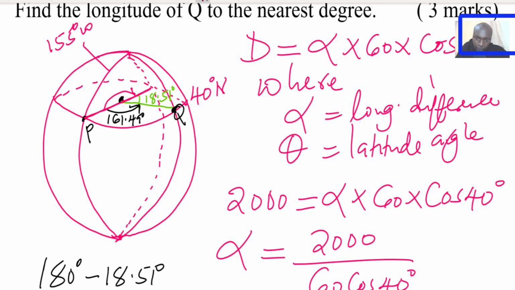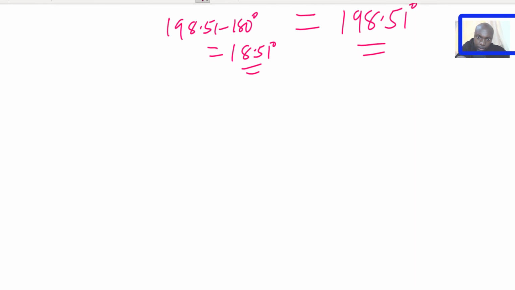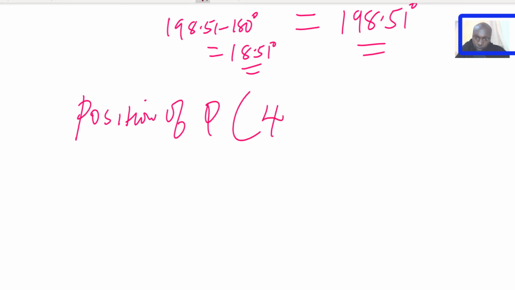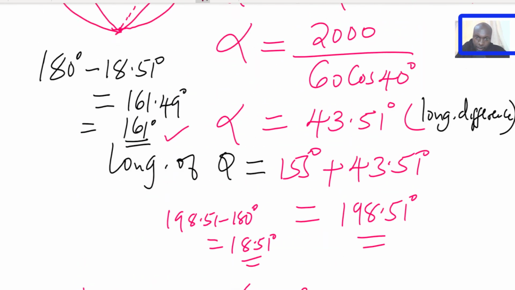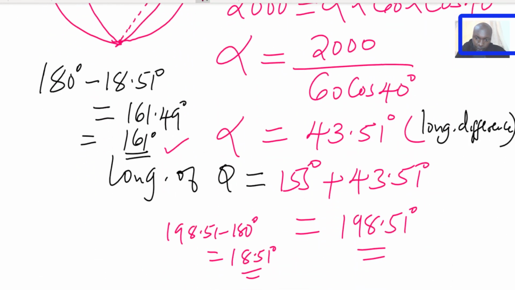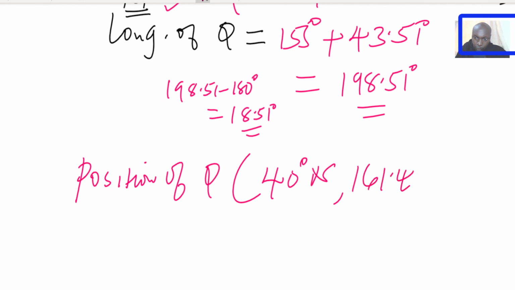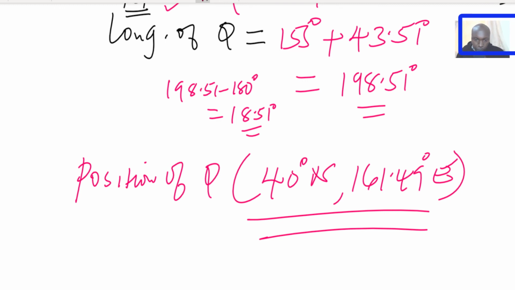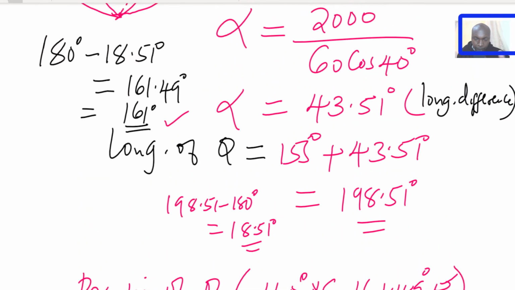If the position of Q was required, it could be 40 degrees north, 161.49 degrees east. But remember, we are to give the answer to the nearest degree, so the answer therefore was 161 degrees.